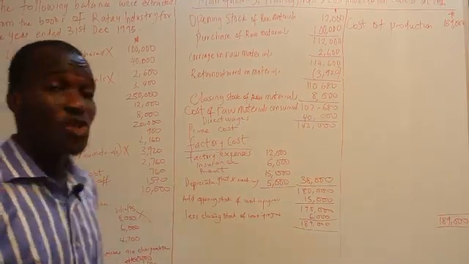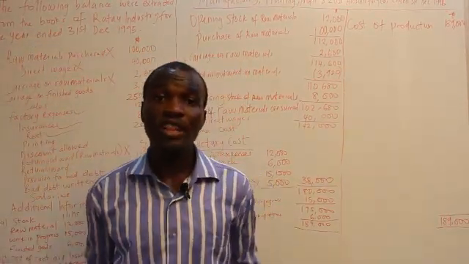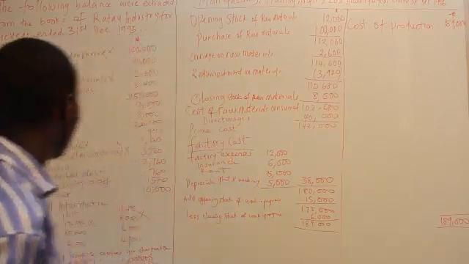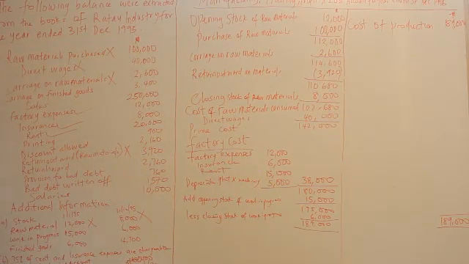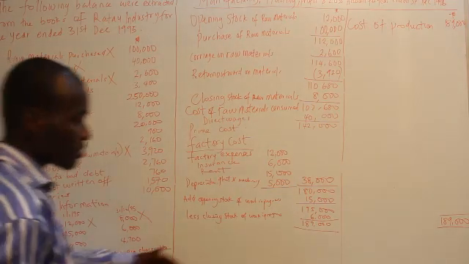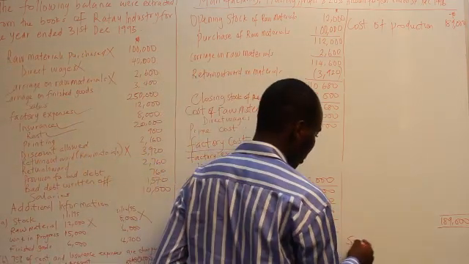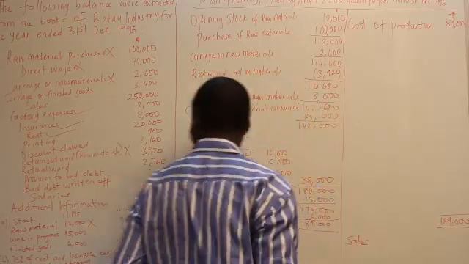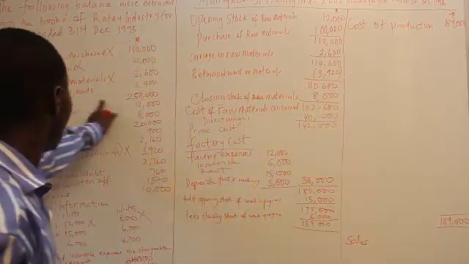So we can prepare the trading profit and loss account. We have our sales here, which is 250,000.